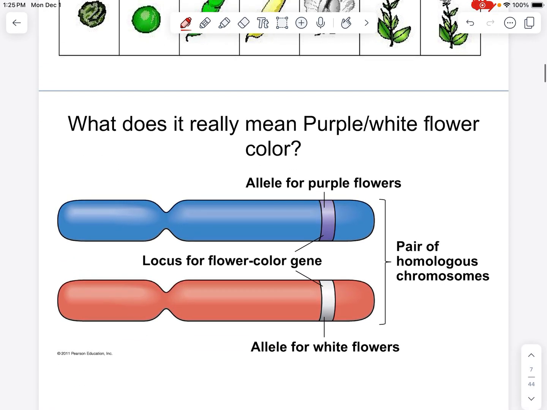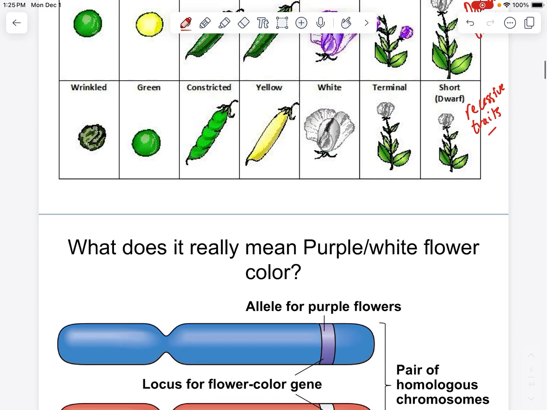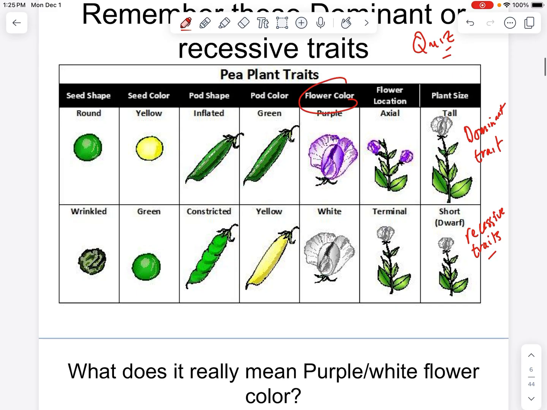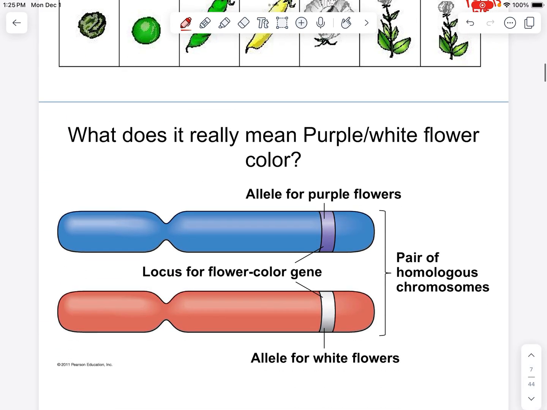Now, why does that happen? Well, it's just like with us. If we look at purple-white color for that of a pea plant, so if you go from purple to white, if we're looking at flower color here, we could see that if there's a purple, I'm just going to put this in a capital P, and for white, I'm going to put that in a lowercase p.